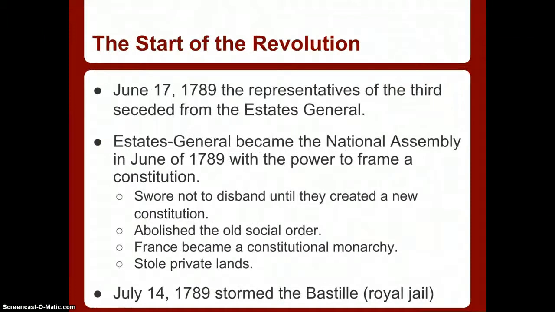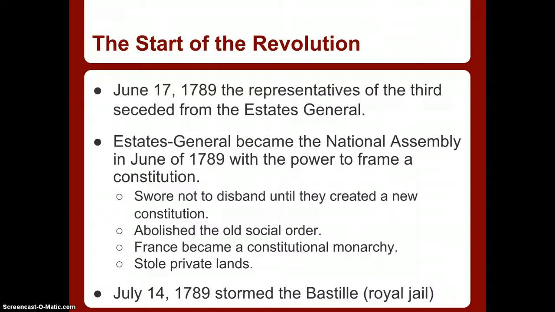So, the start of the revolution, let's get into it. Now, like we talked about, the Estates General was summoned. So in June 1789, representatives of the Third Estate seceded from the Estates General. They didn't like where that discussion was going. So what happened was the Third Estate, which had been the majority of the population, became known as the National Assembly in June of 1789.